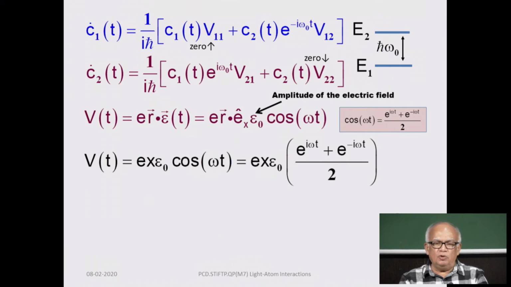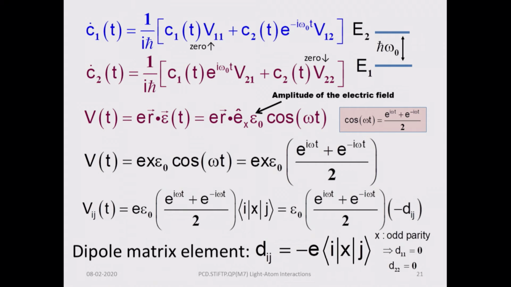So, now you drop those terms, recognize the form of the interaction operator. On the cosine term, you write in terms of the exponential functions. Now it gives you an expression for the matrix element Vij, i and j both being 1 and 2, but V11 is 0, V22 is 0.